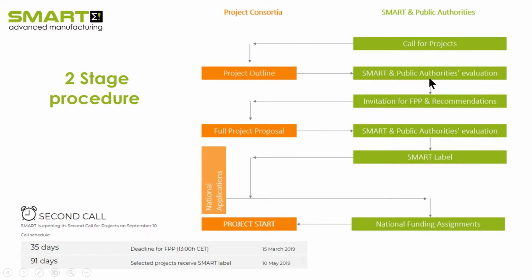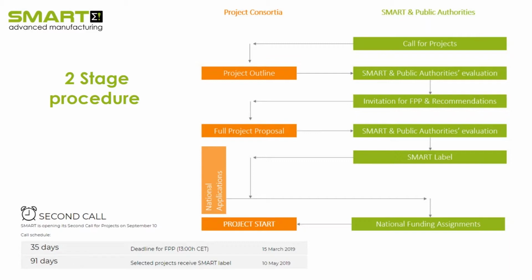And the evaluation summary results, with the recommendations for how to improve the full project proposals, were sent to the applicants. And then we are now in this phase of presenting the full project proposal. The deadline is the 15th of March 2019. So now we are 35 days ahead of the deadline.